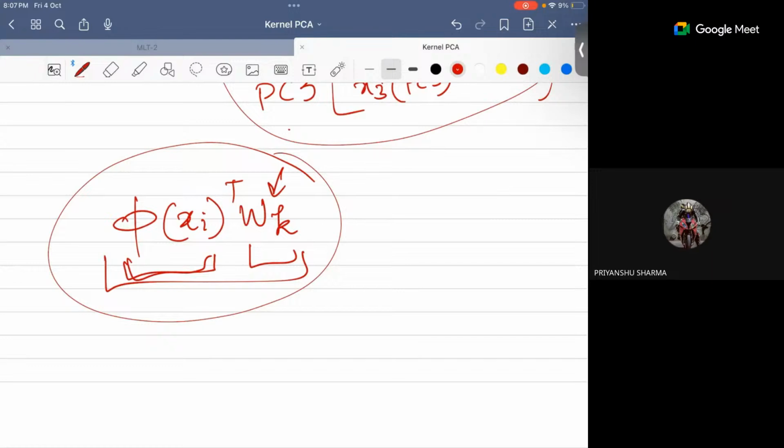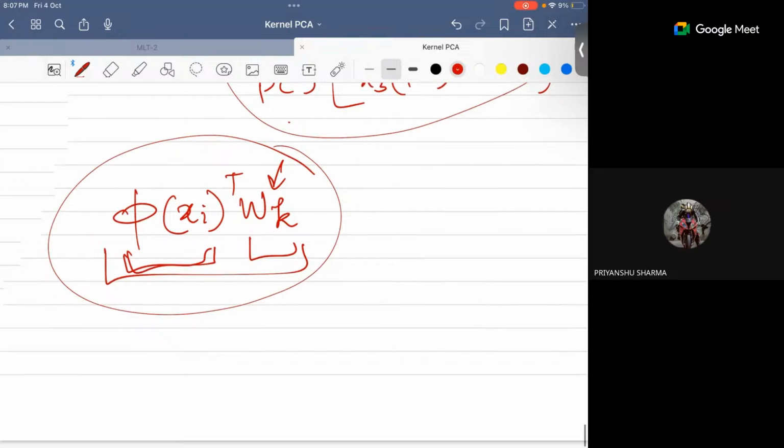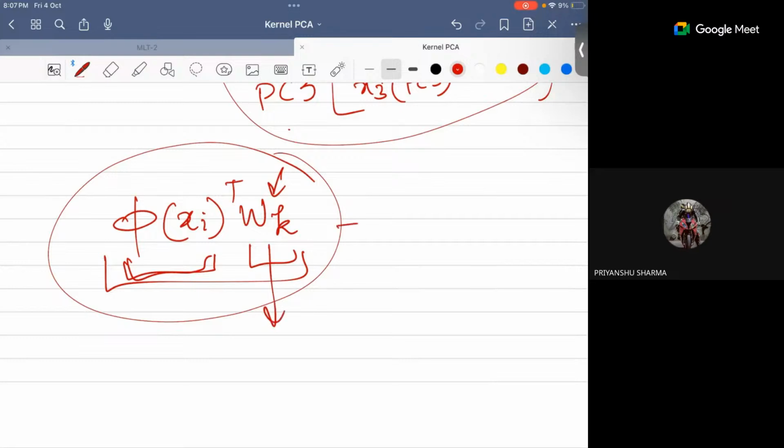Correct. But now we still have this phi of x transpose, and we do not have the mapping. That's a good question. See, what is the value of wi? We know this wi, but we don't know the first part.